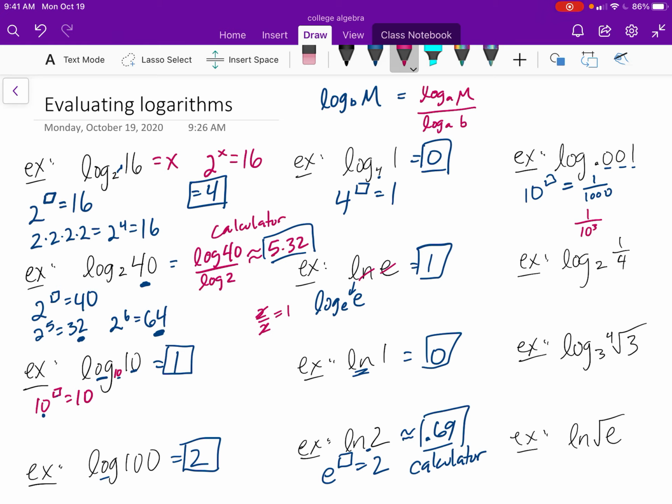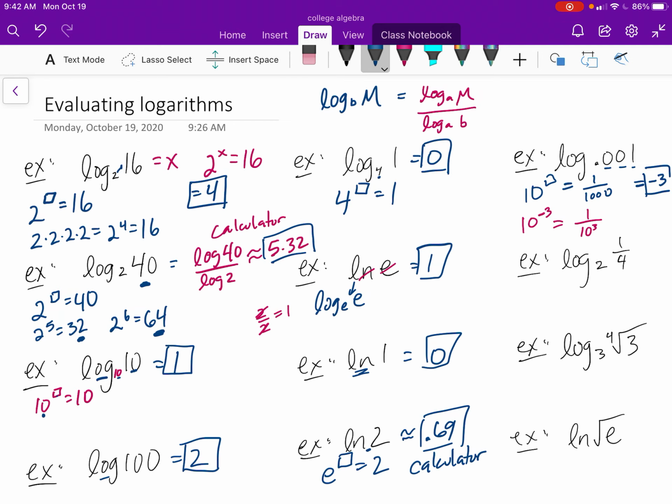So therefore, this is equivalent to 10 to the negative 3, because the negative creates the reciprocal, and it goes in the denominator. So therefore, the result for log of 0.001 is negative 3. Plug that in your calculator. It'll work because it's base 10.